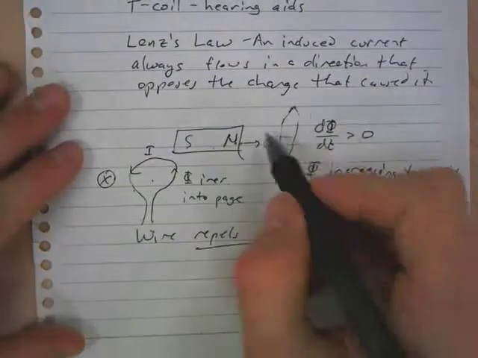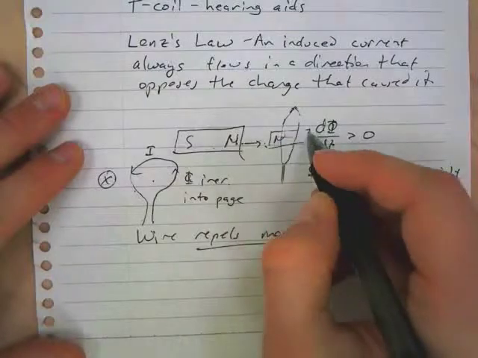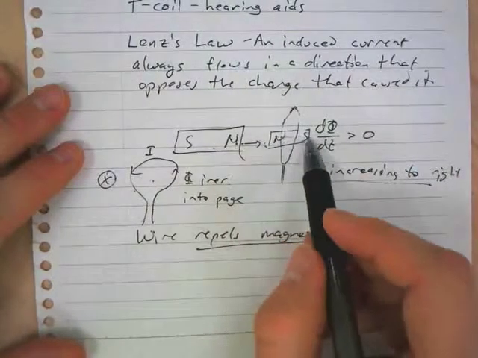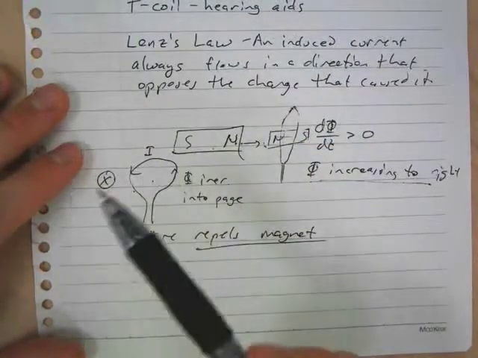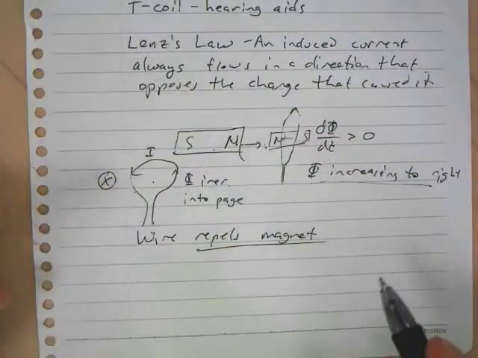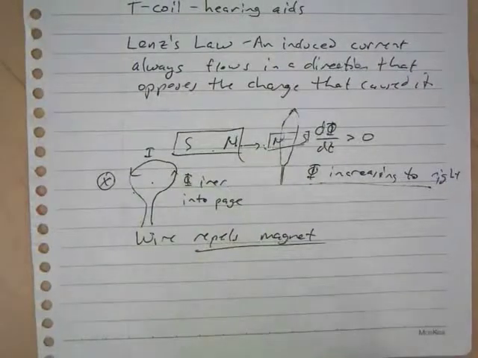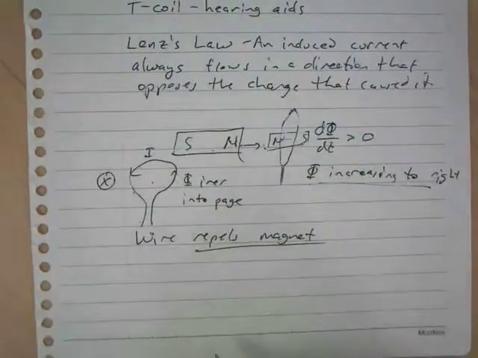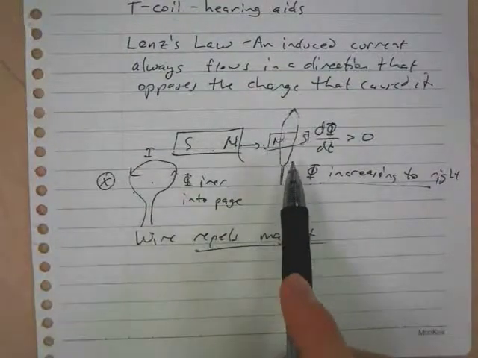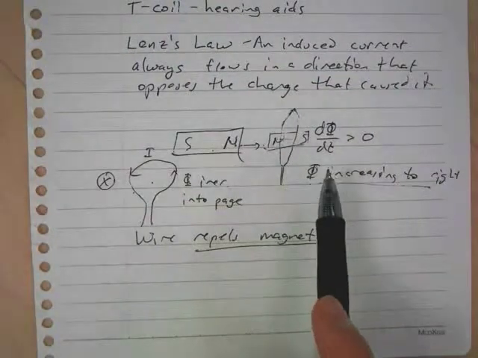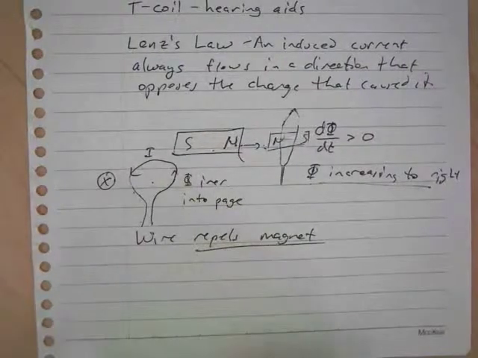And so it would act as though it was kind of like this, with a north-south here, which means that the B field, again, is flowing that way, or in this case, flowing out of the page, which means that the current is flowing counterclockwise. So that's another way of thinking about it: if you look at the loop as a bar magnet, how would you get a north that's going to repel it?